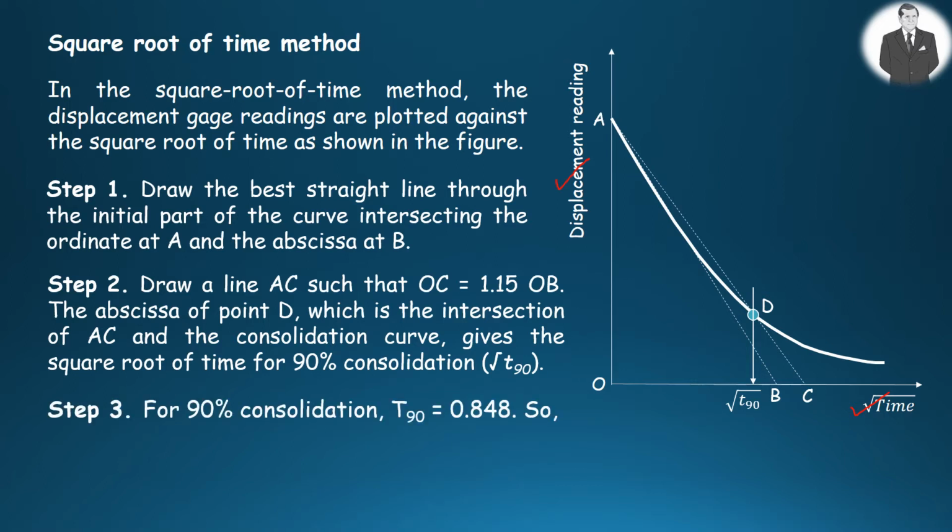Finally, for 90% consolidation, the corresponding time factor is taken from the related table, and then the time factor expression is rearranged in terms of the coefficient of consolidation as illustrated.